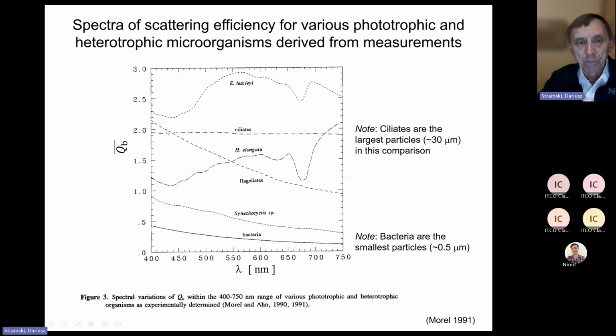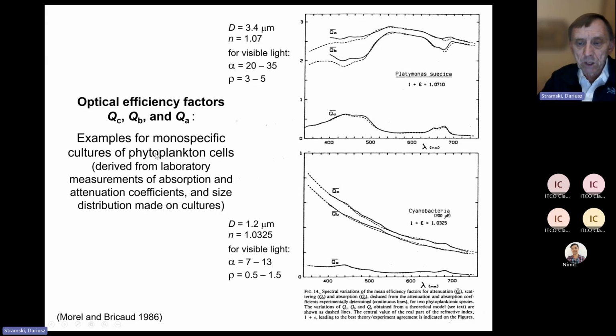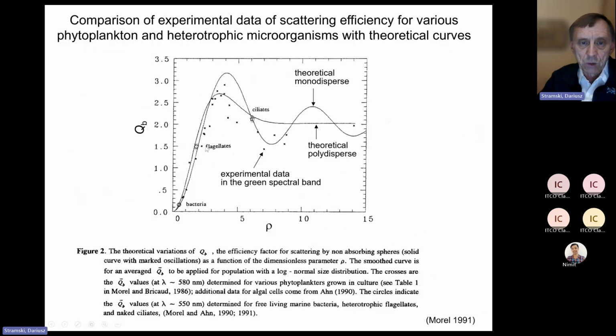Now the 4 micron flagellates. Still the same spectral behavior, with higher scattering in the blue than in the red, but the values of efficiency are now higher, somewhere in the short wavelength end of the spectrum between 1 and 2. So we are somewhere in this region.